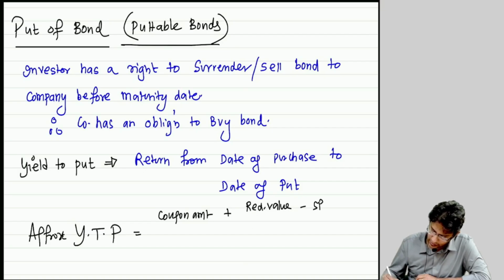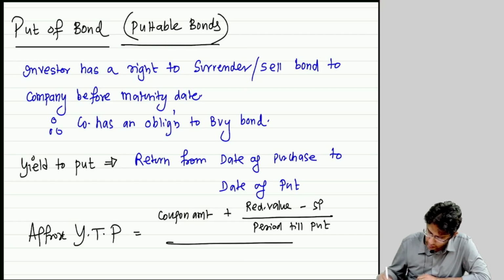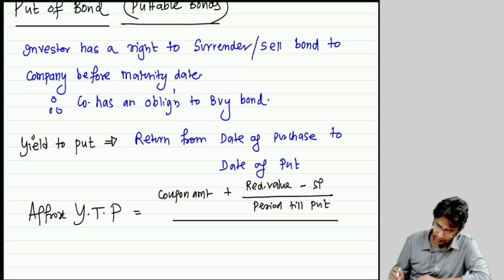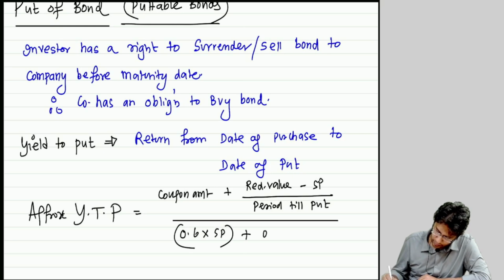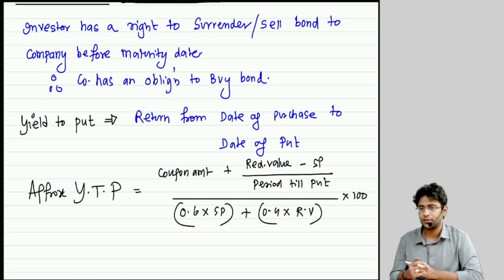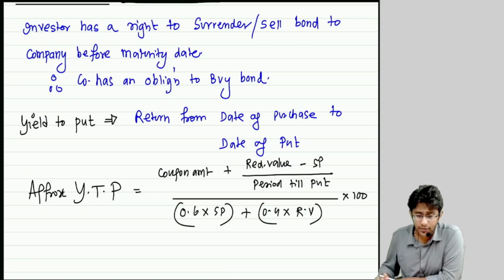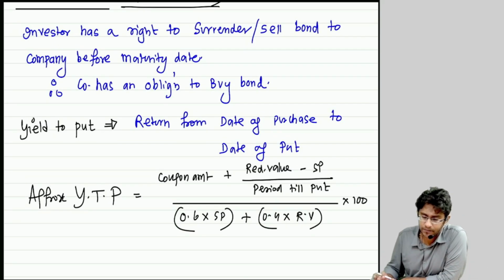Minus spot price, divided by the period till you put it. Whole divided by 0.6 into spot price plus 0.4 into redemption value, outside into 100. This is the approximate yield to put formula.